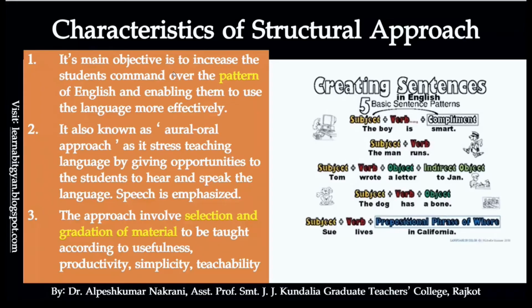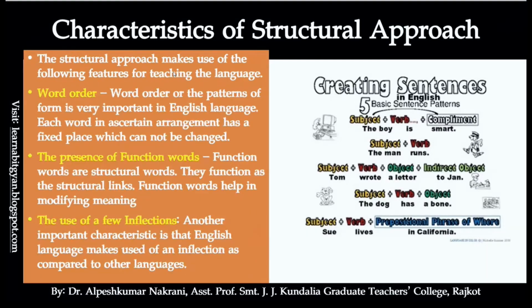As I told you, usefulness, productivity, simplicity, teachability. Simple structures come first, complex ones then; useful structures come first. The structures which will be helpful to produce new structures will be taught first. The structures which are easy to teach will be taught first, and the structures which are difficult to teach will be taught later. So these are the criteria of selecting and grading the material.